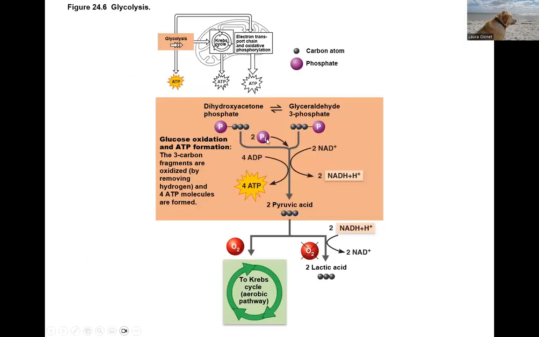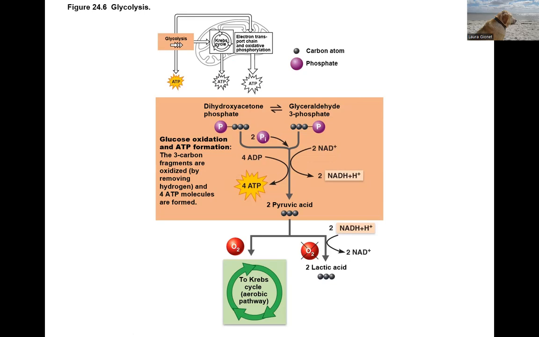All right, so you can see here where glycolysis is occurring out in the cytoplasm, and glucose oxidation and ATP formation. They're just showing you here that at a certain stage, we are producing and peeling off 4 ATP. Now, I will tell you that along the way, we had to add 2 ATP.